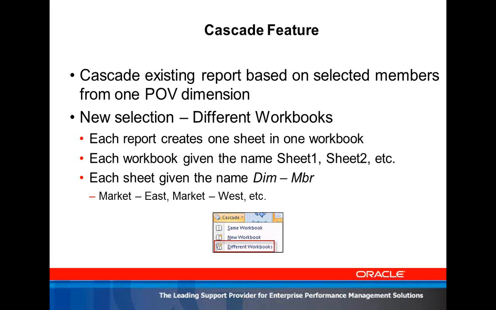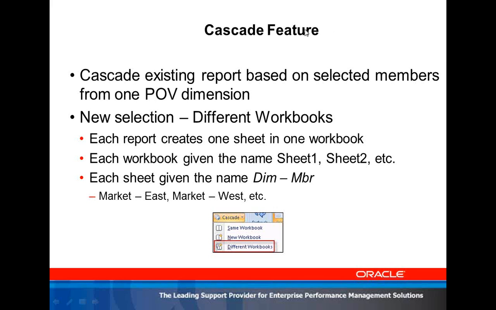So if I have on display a report that shows me the total market numbers, I might want a report for every state in my market dimension. I can then cascade on that market dimension, which was in my POV, and select every state, and now that one report has cascaded, as they say here, into many reports, one for each state.